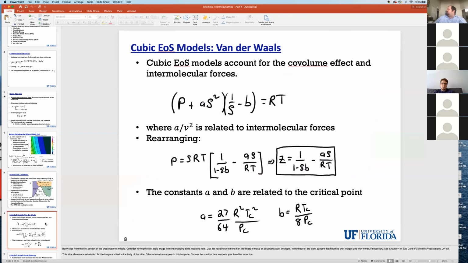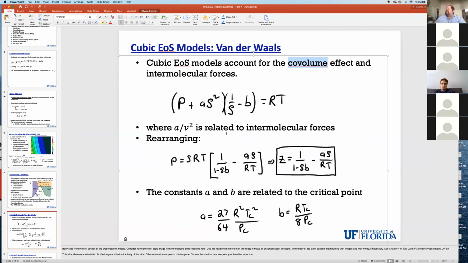This is a so-called cubic equation of state model, and it accounts for the co-volume effect and also intermolecular attraction and repulsion forces between all of the molecules.